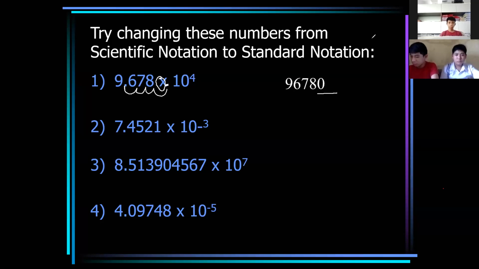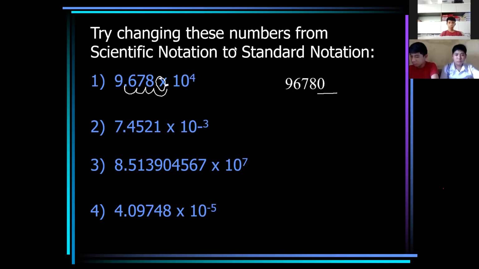Okay, next item we'll have here: 7.4521 times 10 to the power of negative 3. The exponent now is negative. Therefore, the decimal point moves from in between 7 and 4 to the left, 1, 2, 3. So you have the answer. We have 1, 2, 3. So the decimal point will be here then. And since this is a decimal, this is the time that you're going to write a 0.